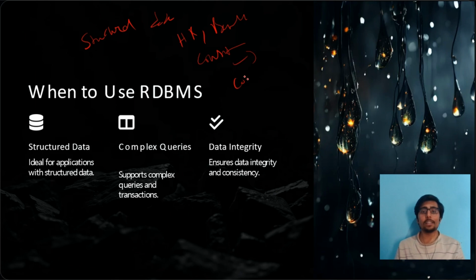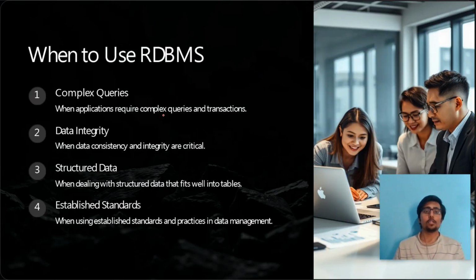Plus complex queries and transactions: if there are complex queries, then you use RDBMS. So as we have completed this one: when to use RDBMS, structured data, data integrity. When data consistency and integrity is required, and if you want to establish a standard in the database, then you use RDBMS.